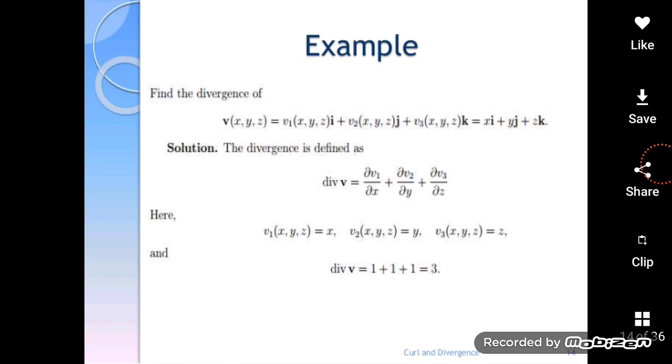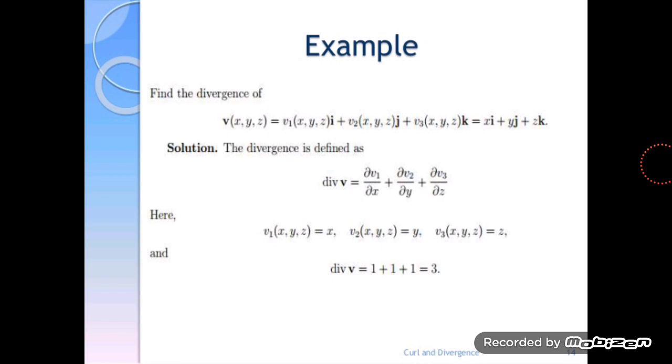Here the derivative of v1 is with respect to x, and v1 depends only upon x, v2 depends only upon y, and v3 depends only upon z.